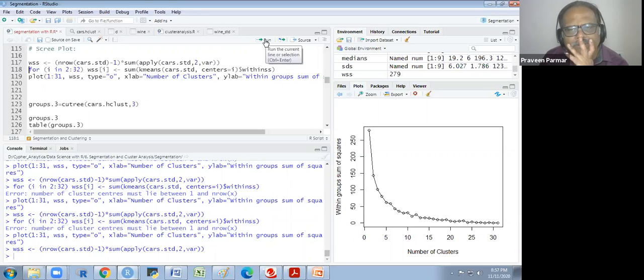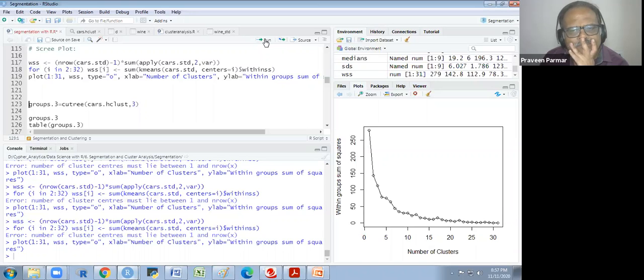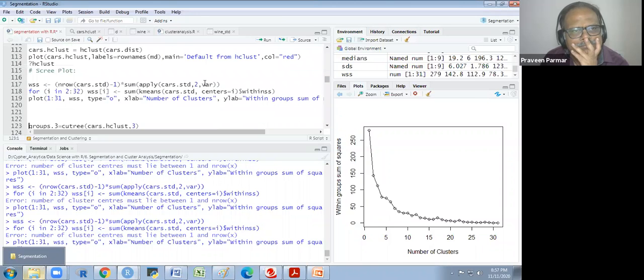Because we are using K-means. K-means always gives a different result because it takes random points and then decides.